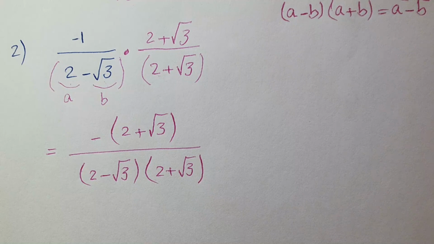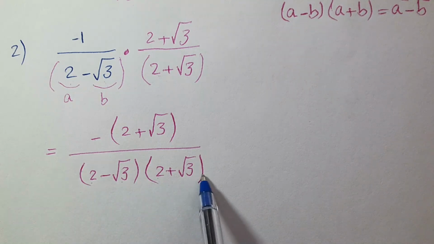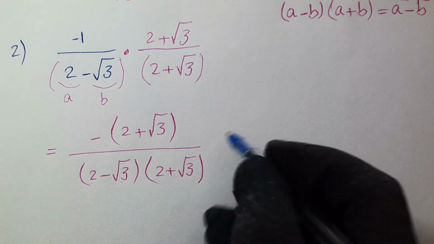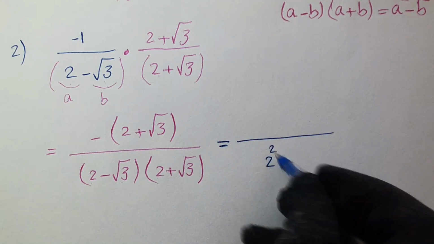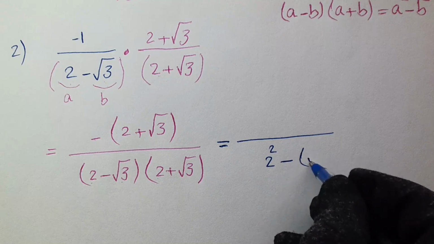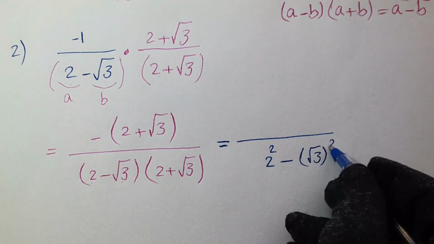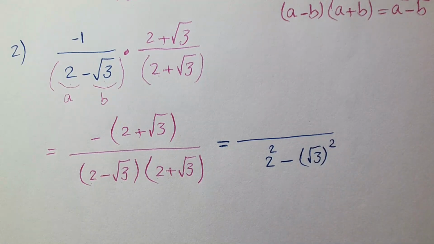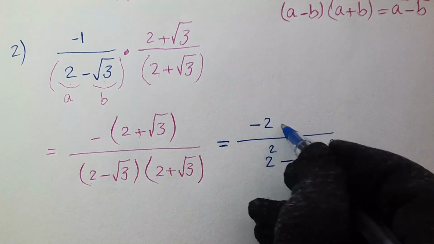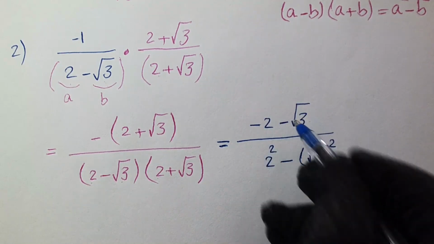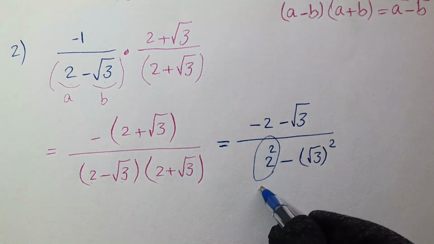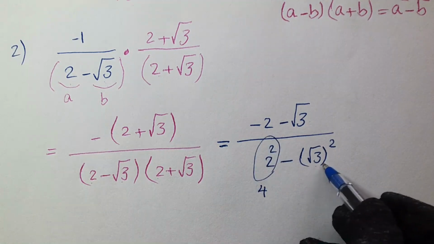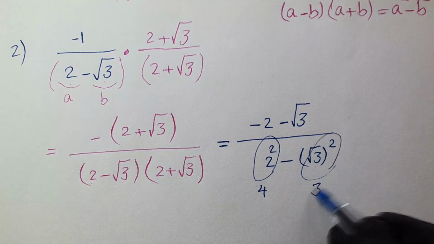In the denominator, this is a minus b times a plus b, so it's going to be 2 squared minus square root of 3 squared. On the top of this fraction is negative 2 minus square root of 3. I know 2 squared is 4 and square root of 3 squared is 3.